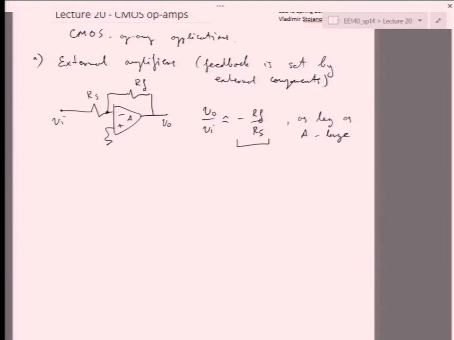If A is 10,000, I could have 10,000 or 10,100 or 10,200 gain. It doesn't really matter. It will not change what the gain here is. That's a nice thing about op-amp circuits.